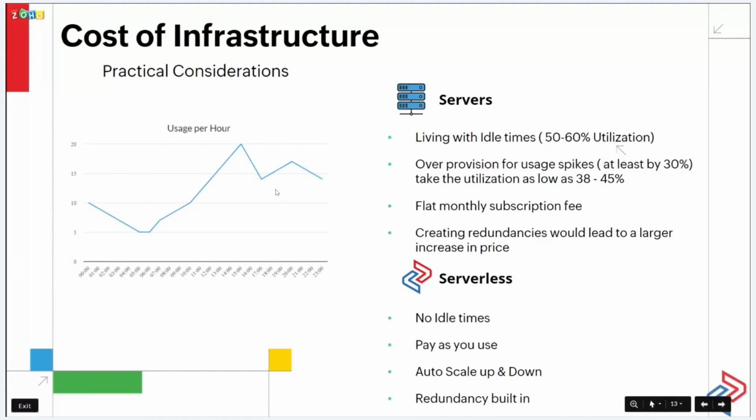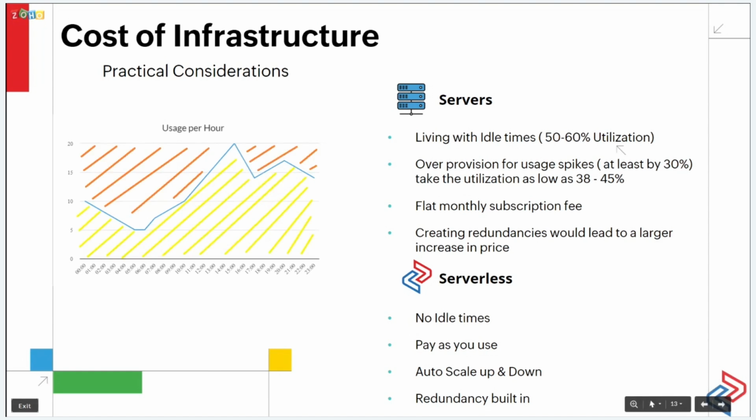So, if we were to now do that comparison, it's interesting to look at it from an idle time point of view. If I were to just look at this same graph and color it two different ways, you'd see the yellow color and you'd see the orange color. The graph of usage is what we see over here, and this particular head of the graph is essentially what the architect or the developer would have provisioned the entire server for.